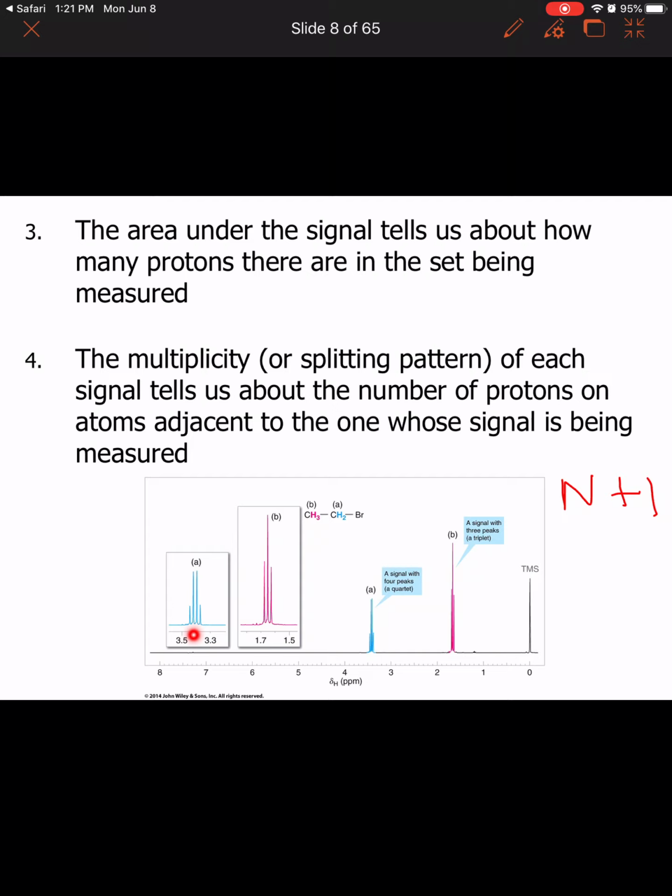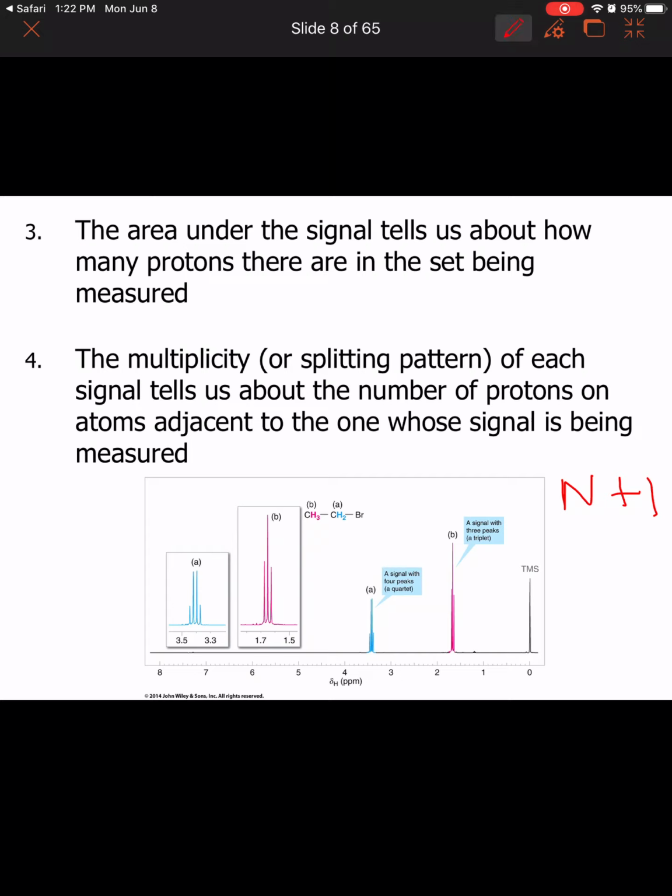That's why you see 4 there. And then if you take the B signal, there are 3 hydrogens on B. Now this B is going to be split by the adjacent 2 hydrogens. So 2 plus 1, 3. So the B will split into 3. 2 plus 1, 3, N plus 1. So we call it a triplet.